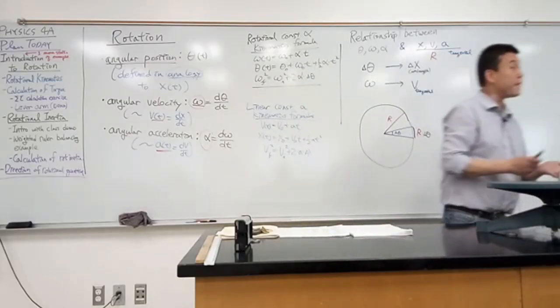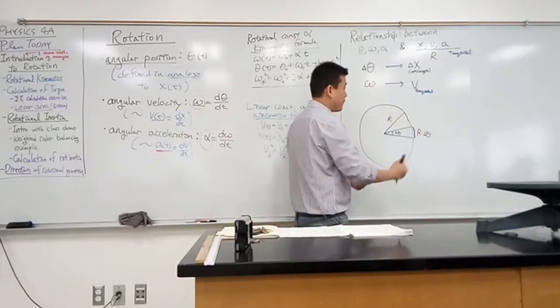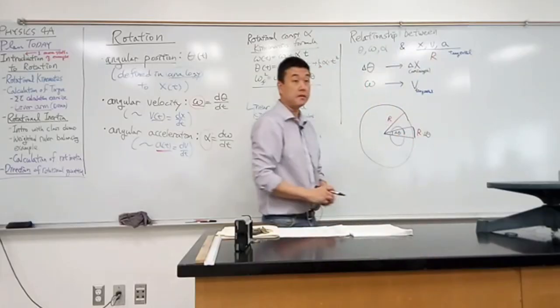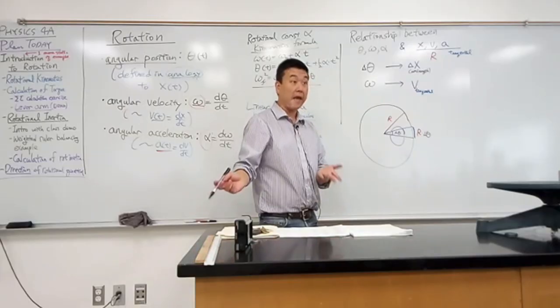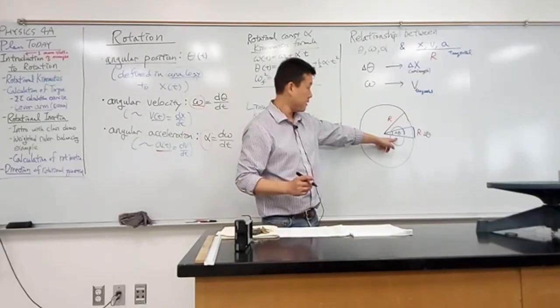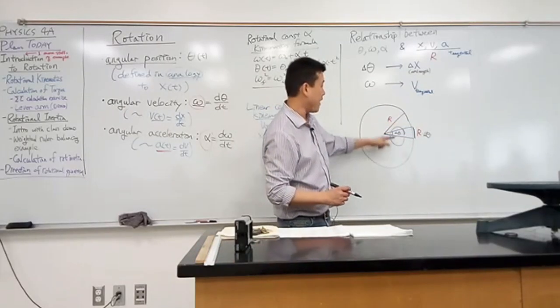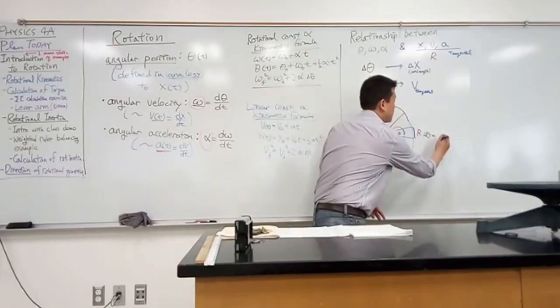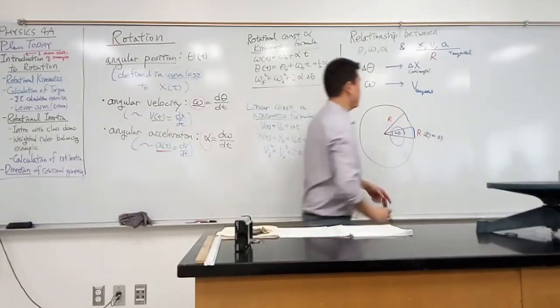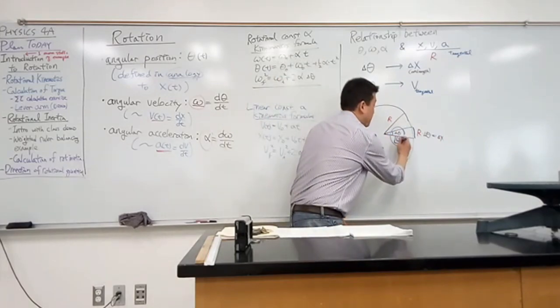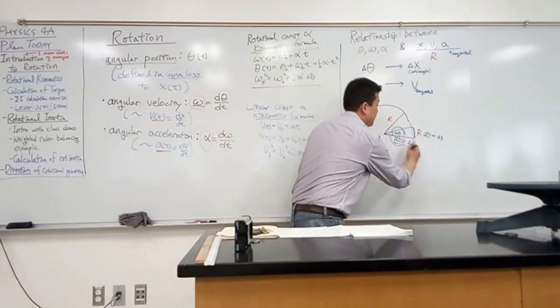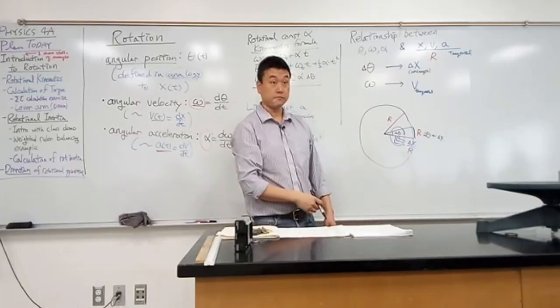So the proper way to remember this is remember how we defined the angle in the first place. It goes back to the definition of radian that we spent some class time on. Angle itself is actually defined as the arc length divided by the radius. If I call this arc length delta x, then the definition of angle is the arc length divided by the radius.